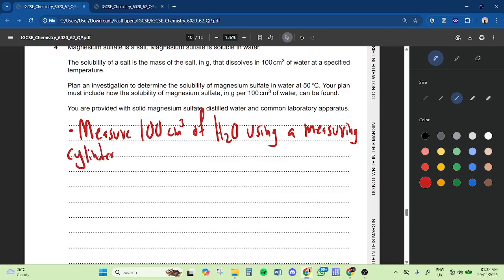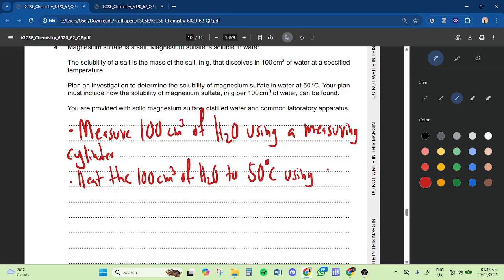And then heat the 100 cm³ of H2O to 50 degrees, not 250 degrees, but to 50 degrees Celsius. Now you can use whatever heat source you want. I'm going to mention using an electric heater. These seem obvious, but you have to flag post for these questions.